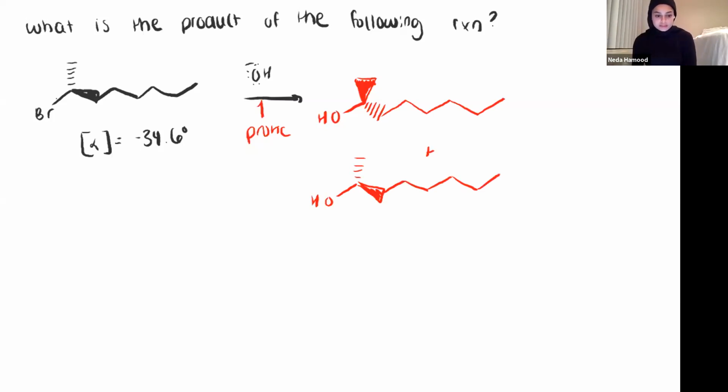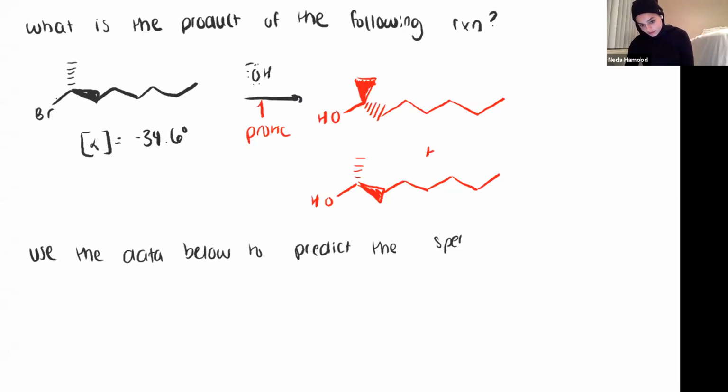And then part 2 is going to be: use the data below, predict the specific rotation of the product.